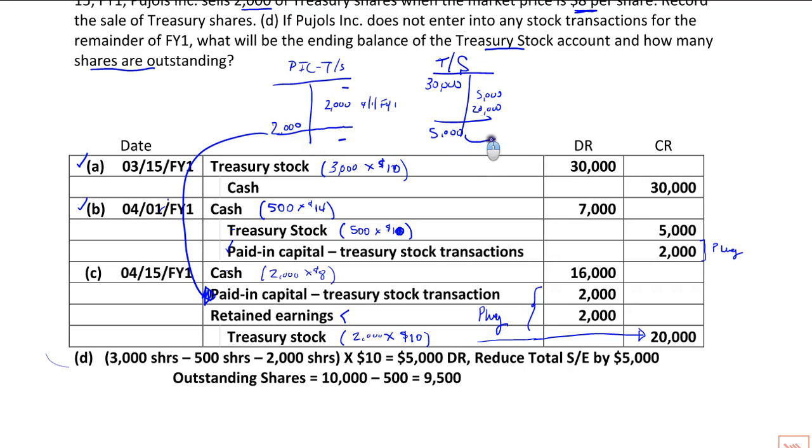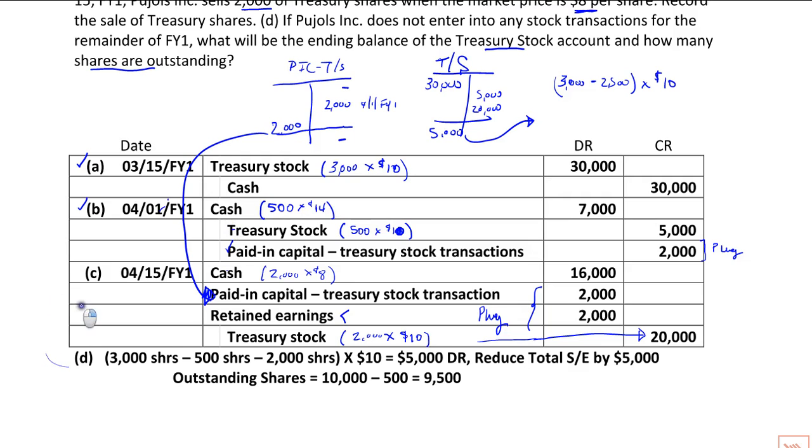The other thing to notice is we had 3,000 shares minus we took 2,500, times $10 a share. So we had 500 shares left and they're at 10 apiece, that's also 5,000. Another way to look at it.